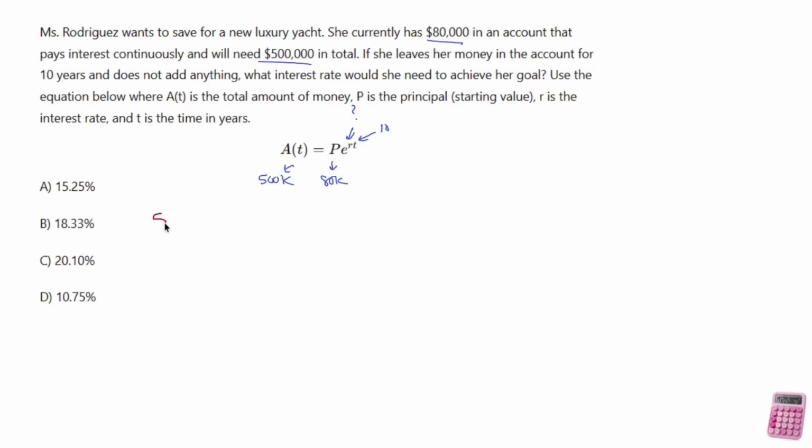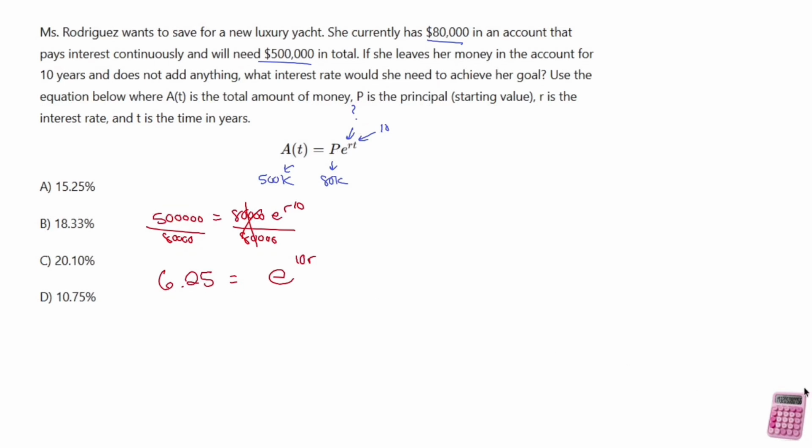So we have 500,000 equals 80,000 e to the r times 10. Divide both sides by 80,000, and I believe that gives you 6.25 equals e to the 10r.